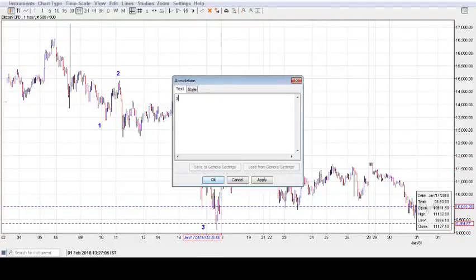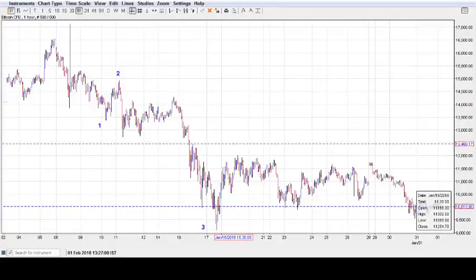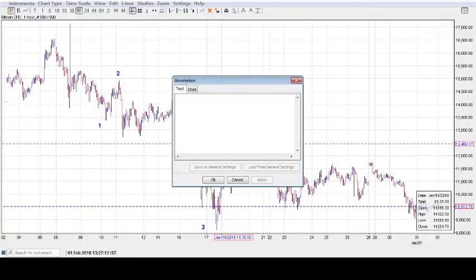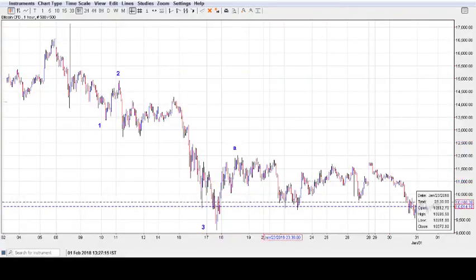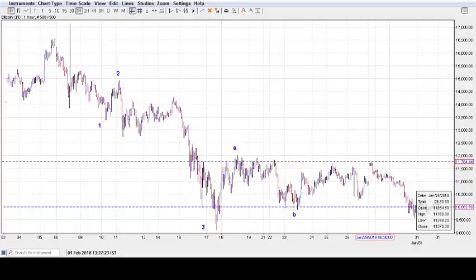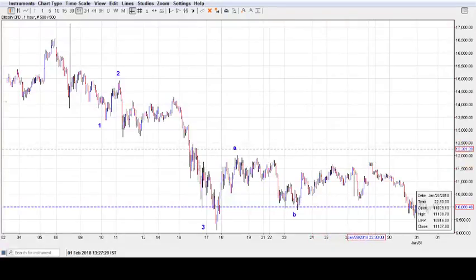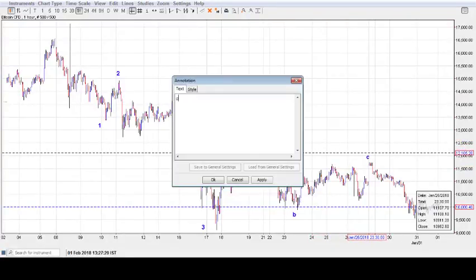Can you count 5, brothers? I think that was wave 3, and then a potential triangle or an ABC, whatever. I think let's do an ABC here, because one of the legs went above the last leg, had it been a triangle.